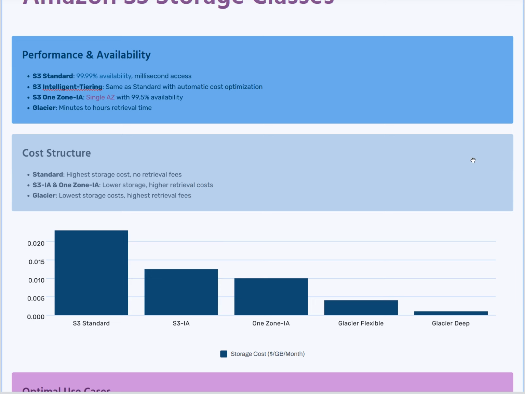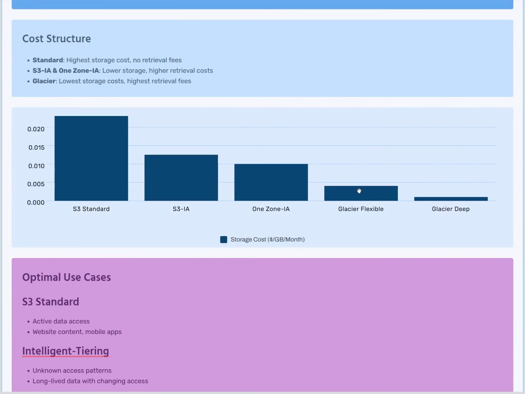And Glacier has the lowest storage cost but the highest retrieval fees. So you can see in this graph, storage cost in dollars per GB per month.